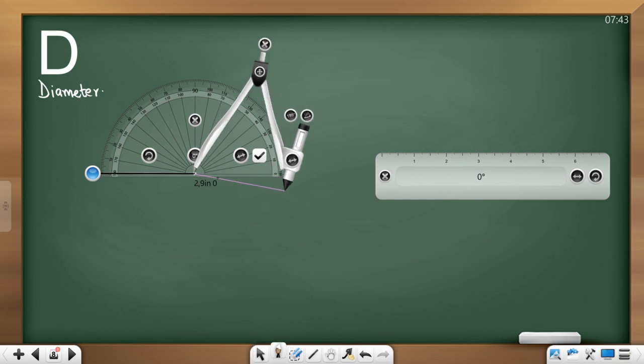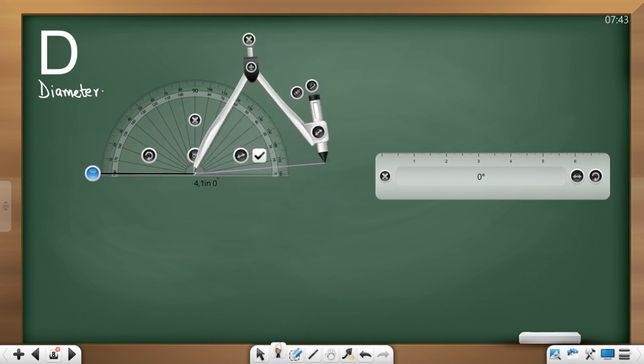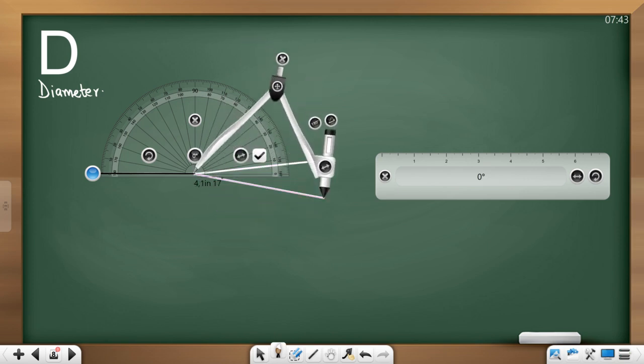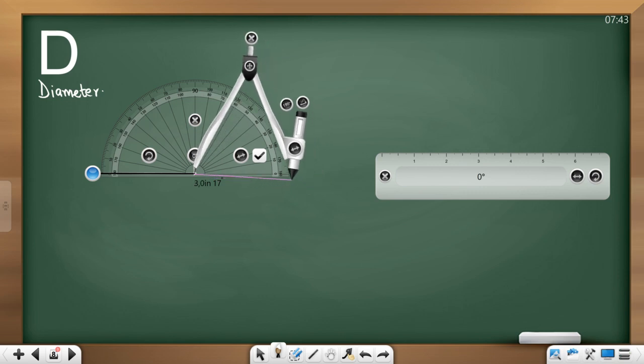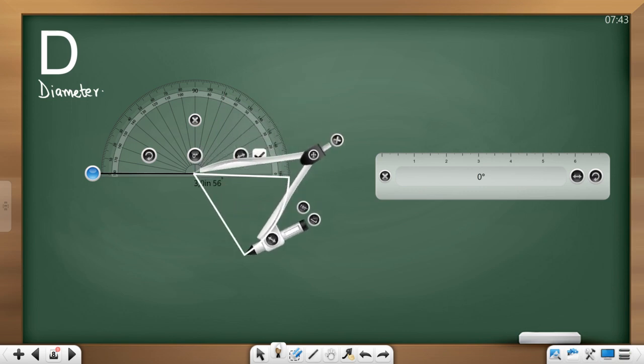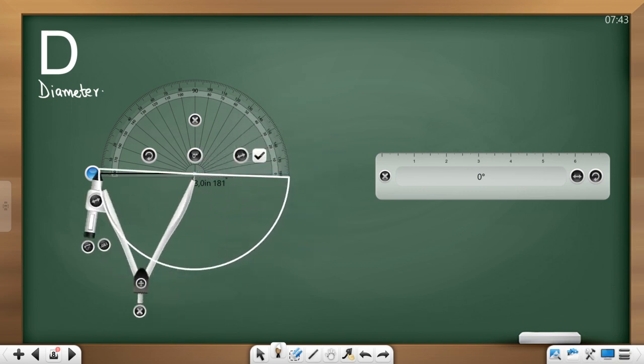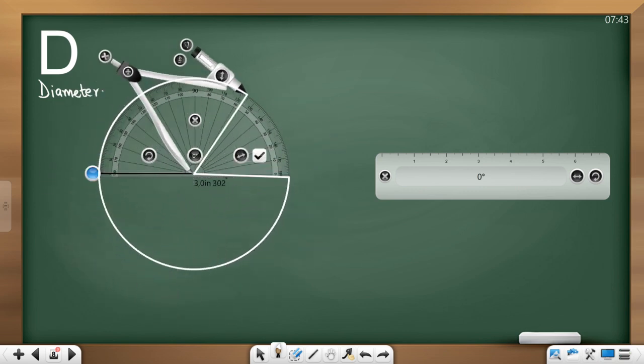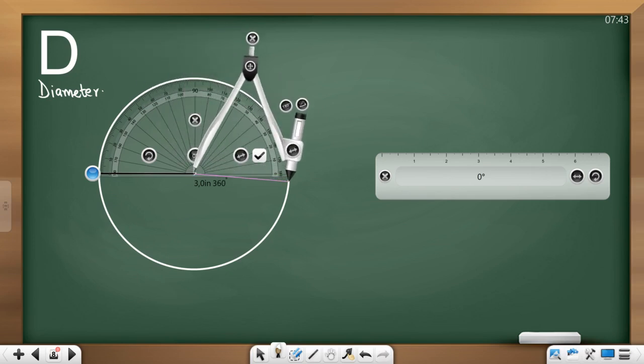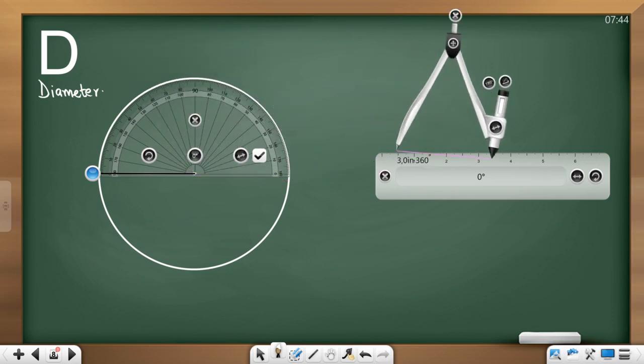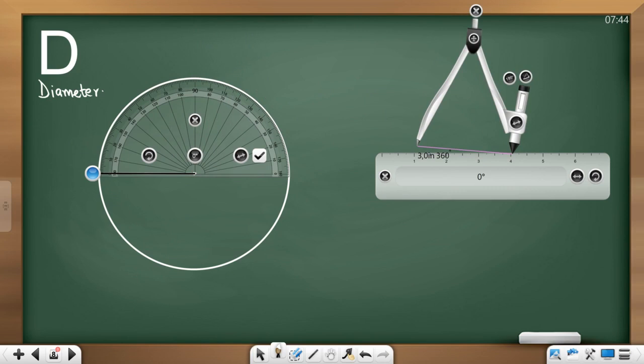I need to select that. Oh, there we go. I was holding it wrongly. Perfect. So we have a very perfect circle. Beautiful. Lovely. Okay, I've returned that to the owner.